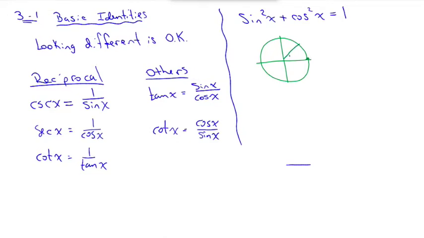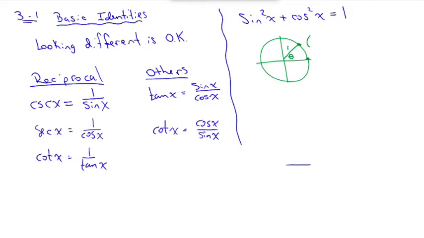And if this is the angle theta, what is the coordinate of this point according to sine and cosine? Well, it's x, y, but in terms of theta, and this radius being 1.